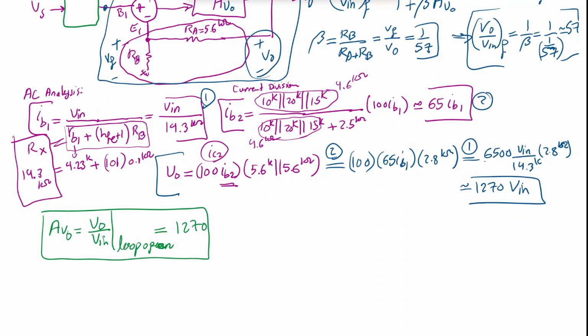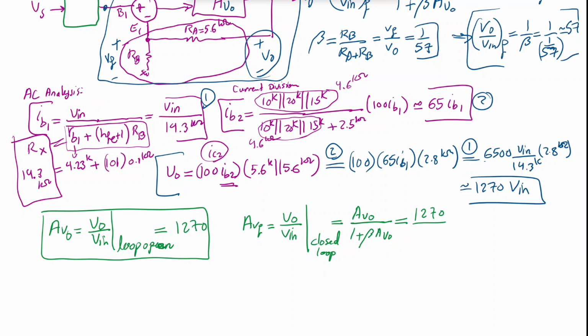We said in the previous analysis, AV feedback, which is V out over this V in with feedback. So this was open loop, this is closed loop basically. So closed loop, we said it's AV open loop divided by 1 plus beta AV open loop. And then we said, if this guy is much larger than 1, we are safely saying it's 1 over beta. But now let's do it accurately.